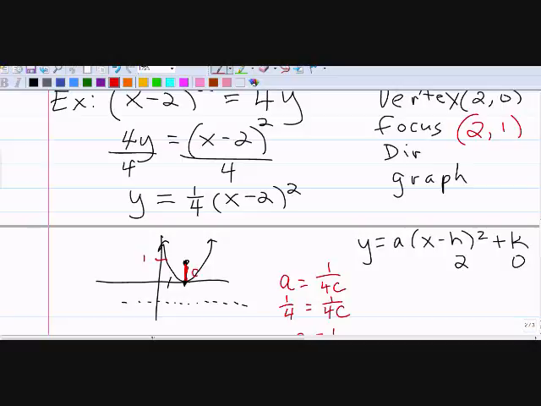My directrix is 1 below the vertex. It's a horizontal line, so it's a y equals, and it's y equals what? Negative 1 below the axis.